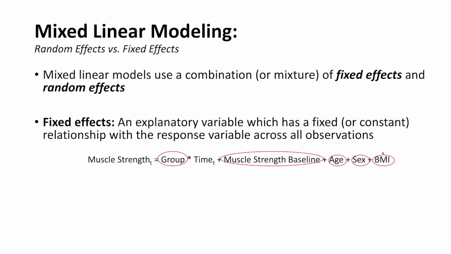Each of these we are assuming have a constant relationship with muscle strength at each follow-up assessment. The relationship between muscle strength and group, muscle strength at baseline, age, sex, and BMI do not change across time. We're assuming that those are constant. Now, time is actually a special case.